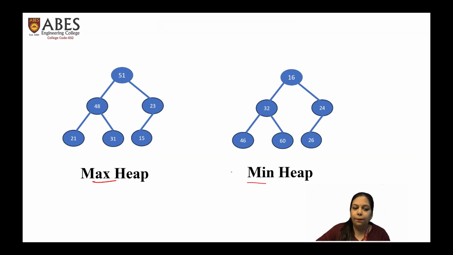Max heap is a heap in which each node is greater than its children. Like in this tree, 51 is greater than 48 and 23. And similarly, 48 is greater than 21 and 31. On the other hand, min heap is a binary heap in which each node is less than its children. Like here, 16 is less than 32 and 24.